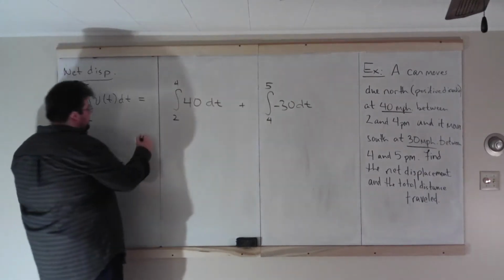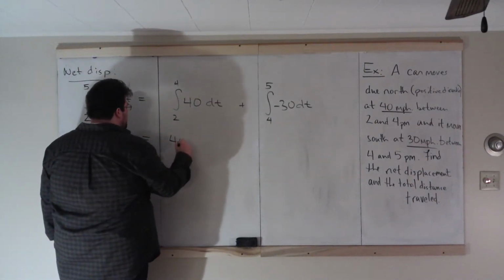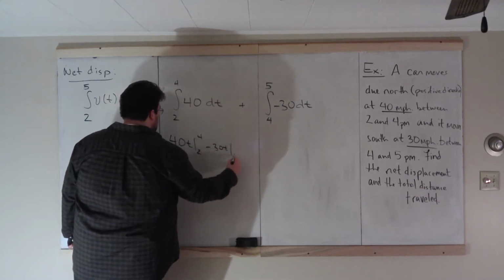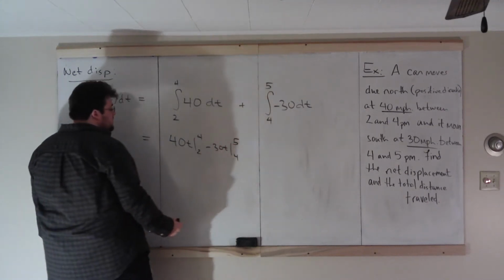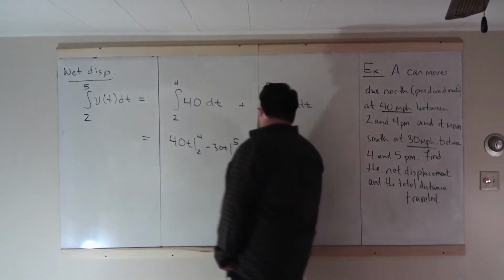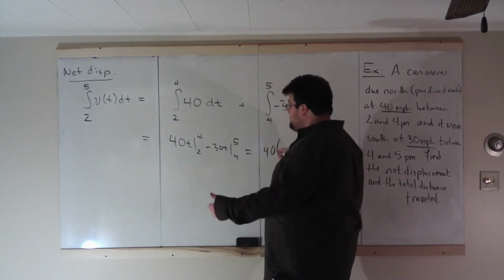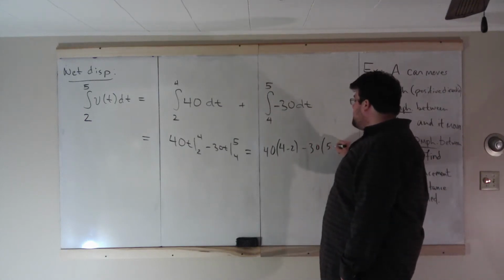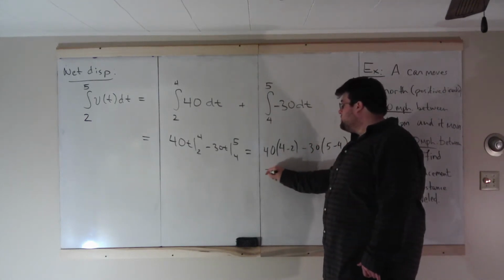Now what do we get? Well, Fundamental Theorem of Calculus Part 2 gives us 40t from 2 to 4 minus 30t from 4 to 5, which gives you what? 40 times (4 minus 2) minus 30 times (5 minus 4), which gives you what?